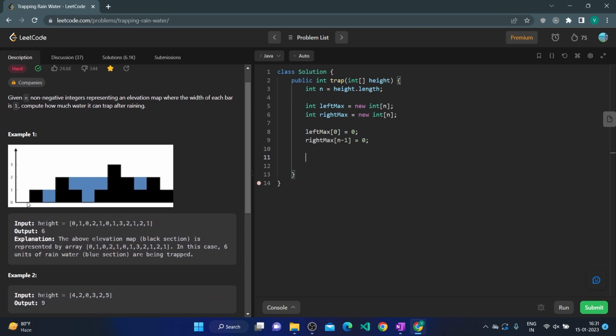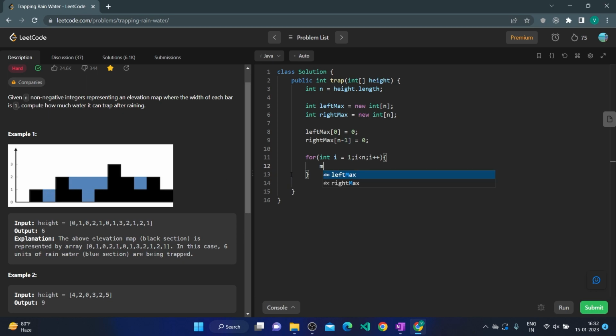Now let's calculate the left side of all the elements. So we will start from i equal to 1 because we have already defined the left max of the 0th element as 0, and we'll continue till n. Now for any element, the maximum to its left side would be the max of the previous element and the current element, right? So that this current element can become max for another element to its further side, which is the right side.